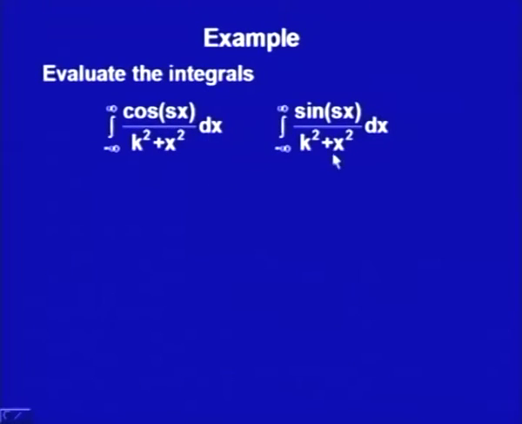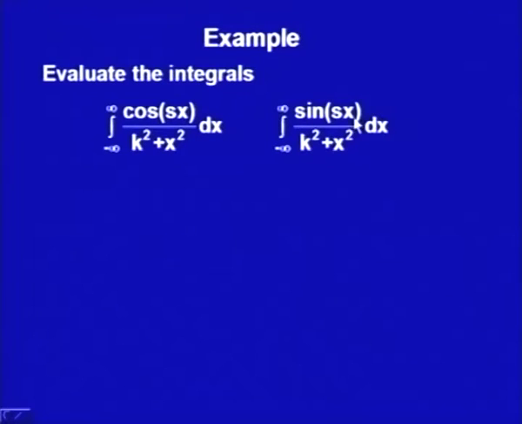In both the integrals we find certain similarities. The denominator for both is the same, k square plus x square, while the numerator changes only to the extent that the numerator of the first integral is cos sx and the numerator of the second integral is sin sx.